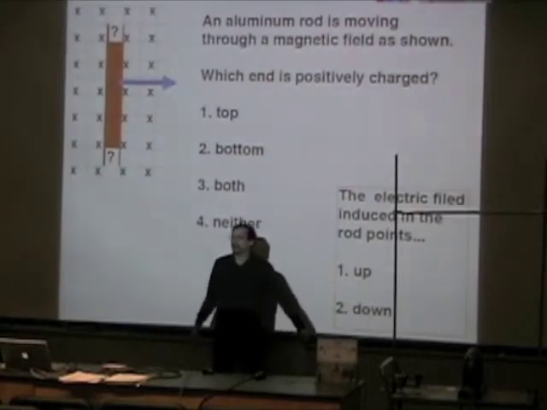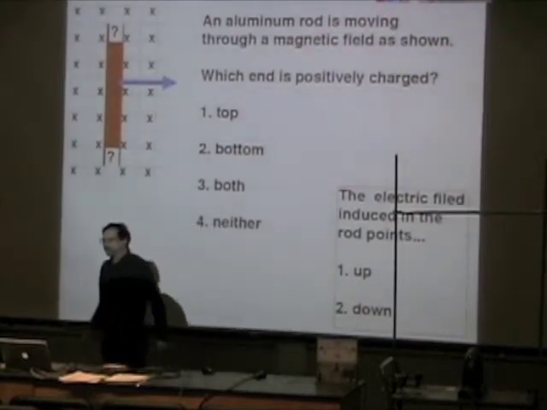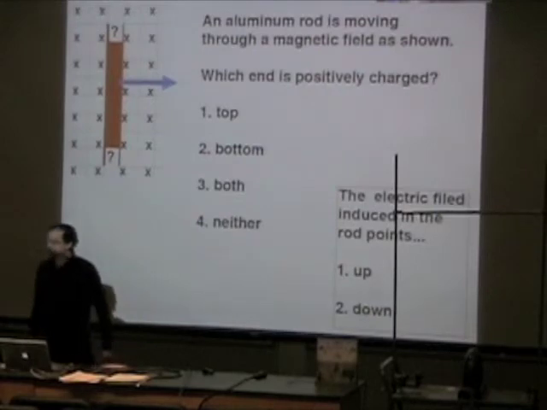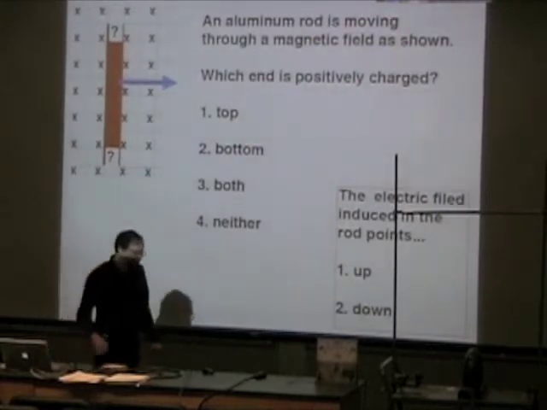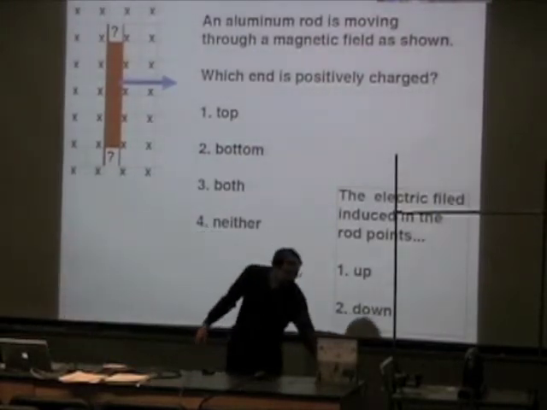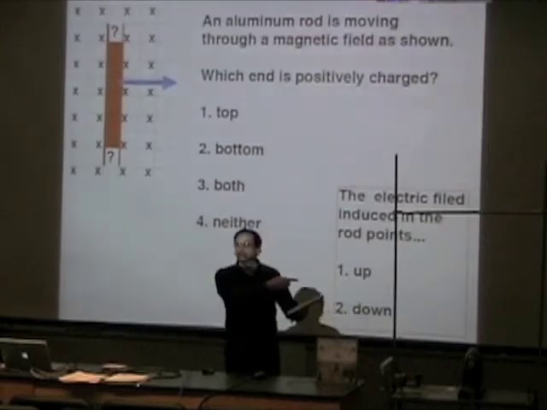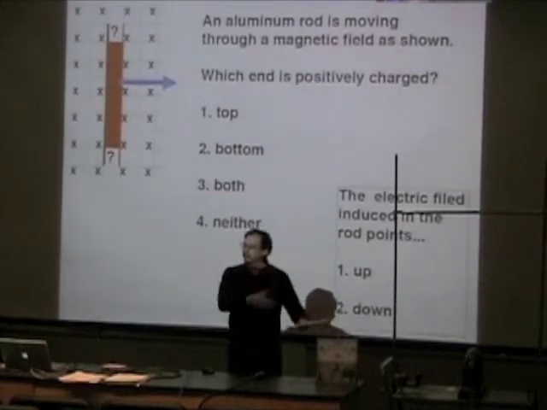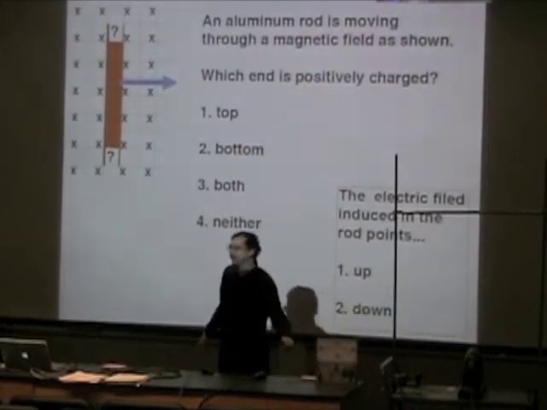What do you think about the direction of the induced electric field inside that rod? This is the rod, and that's the magnet. So I can move this rod in a magnetic field.